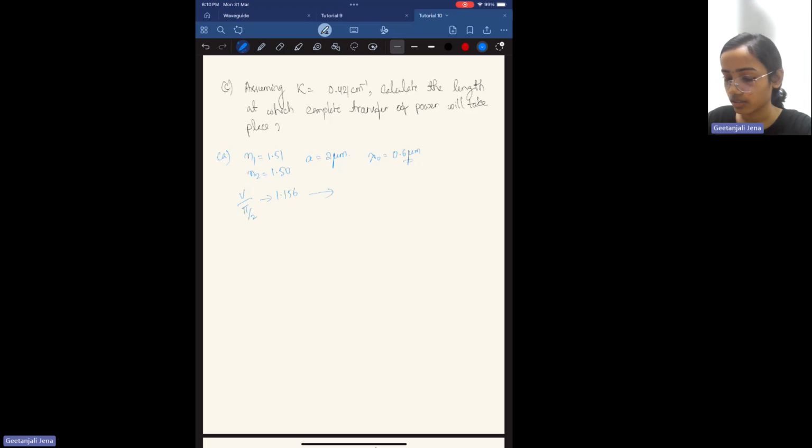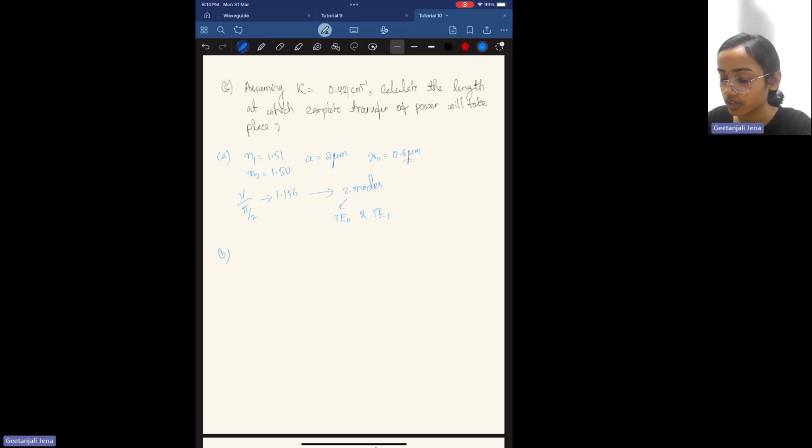Based on that, we concluded that the planar waveguide supports two modes. The first is the TE0 mode, which is the fundamental mode, and the second is the TE1 mode.